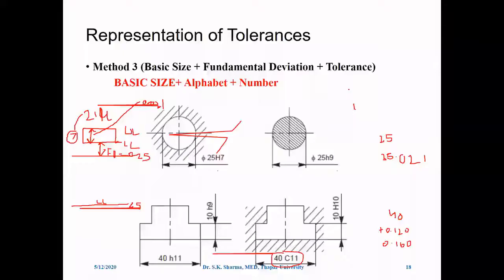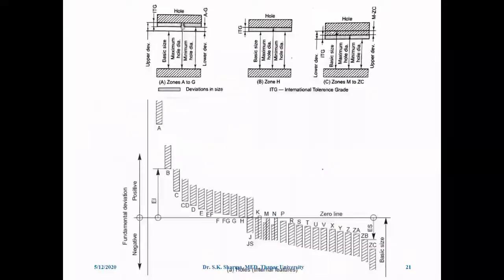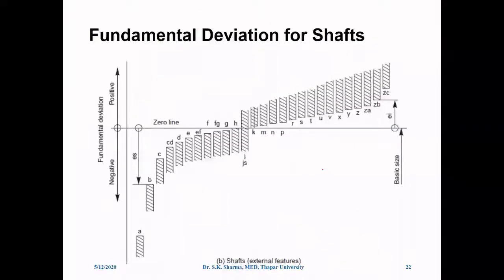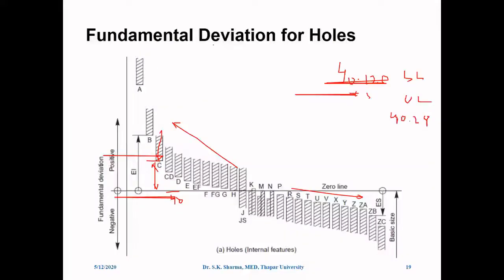The same concept can be applied for external features like a shaft. The only difference is that in this case you will not use a capital alphabet, rather you will use a lowercase alphabet, right? For that also you will get exactly the same kind of table, like this one. This is the table for the shaft. Now compare this plot for shafts with the similar plot for the holes.